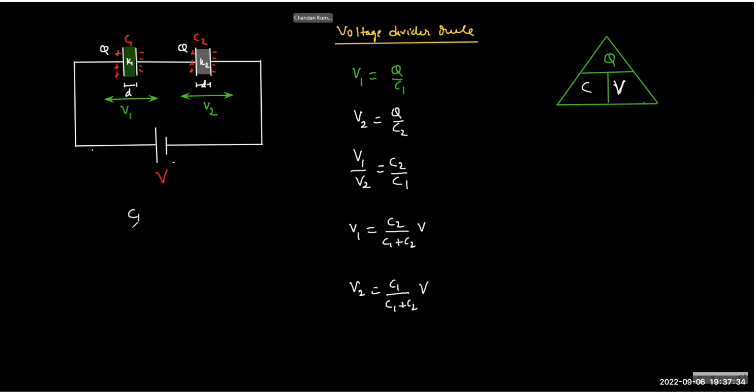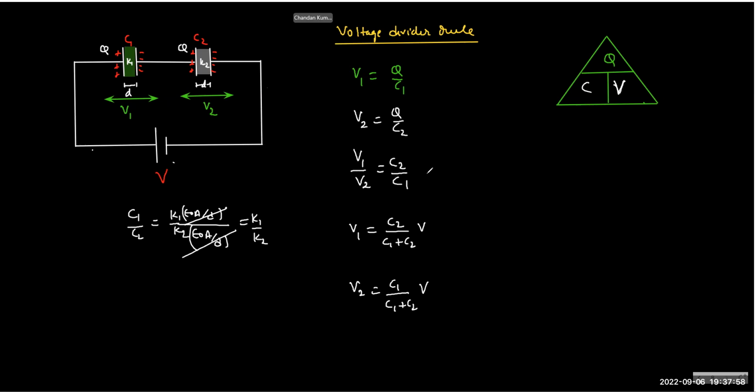So the ratio of capacitance will be the ratio of dielectric constants, right? Because everything else is the same. A and d are all the same, so you can cancel them out.